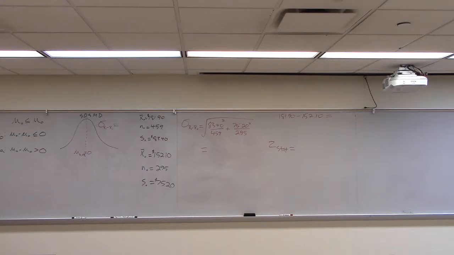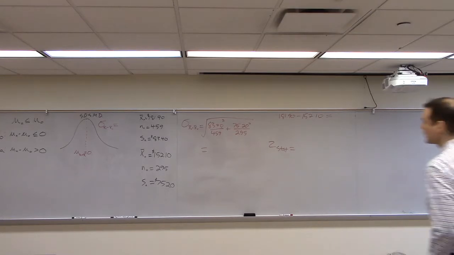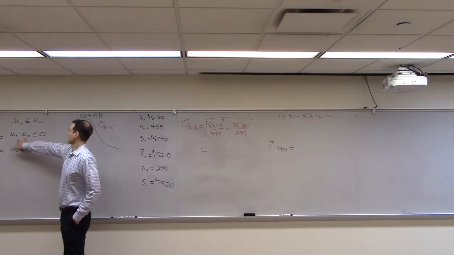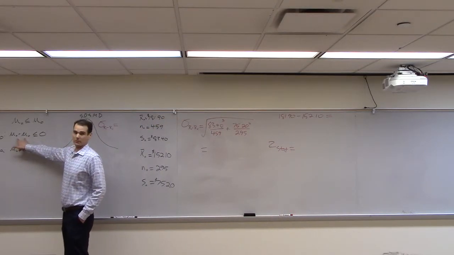So now when this one is one tail, how do we know if it's one tail? Because the null is that the difference is less than 0.